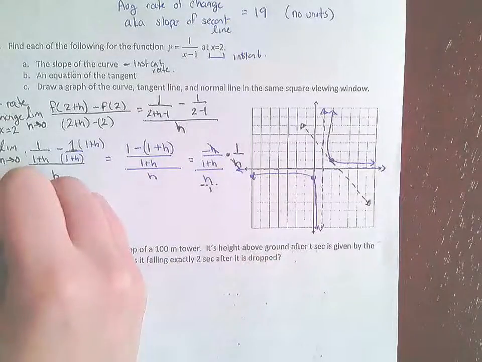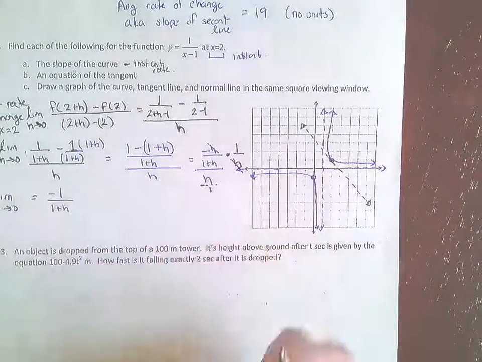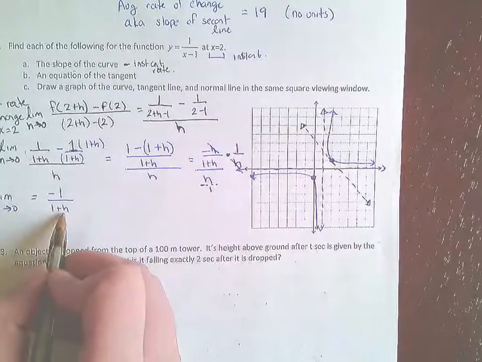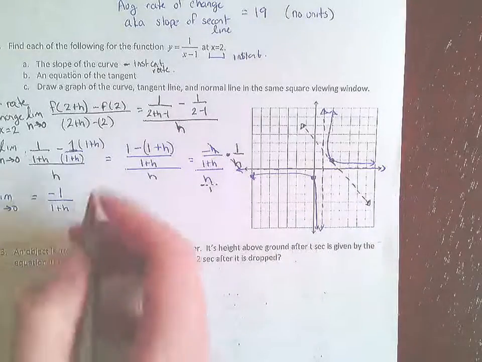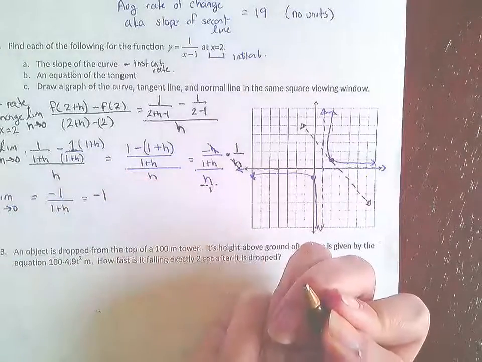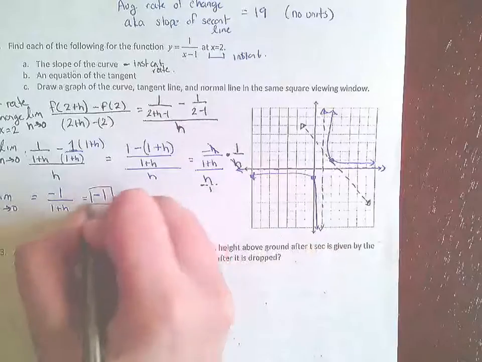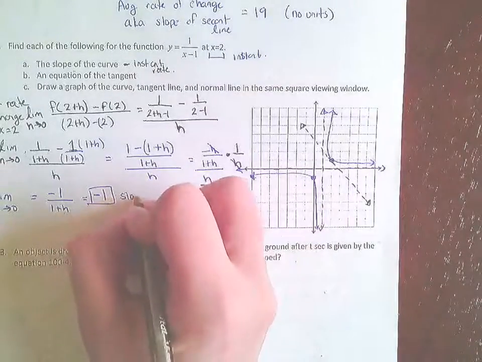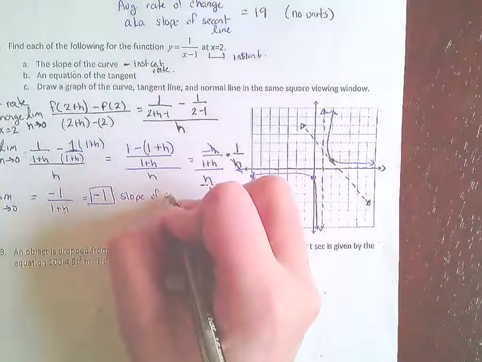And remember, we're trying to find the limit as h approaches 0. So now when you substitute 0 in for h, you end up with a negative 1 slope. So that is the slope of the curve.